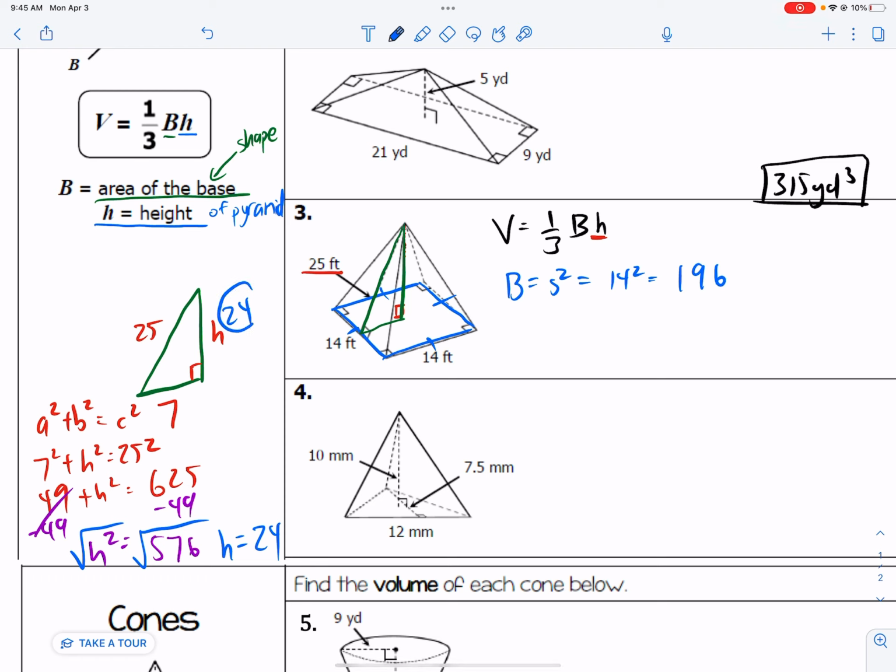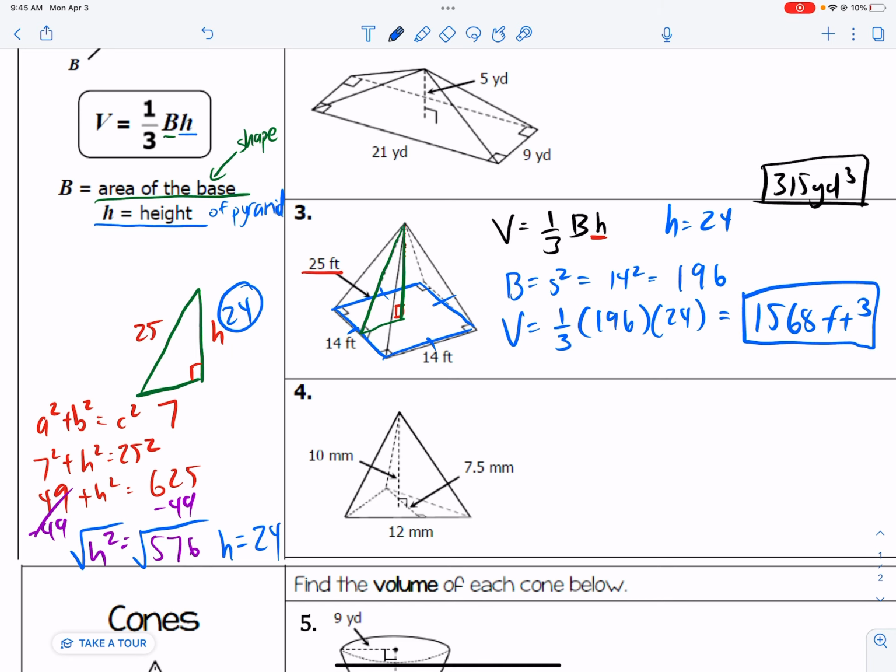So now I can use this 24 as my height. Now I have all the pieces for the volume of this pyramid. So V equals 1/3 times 196 times my height that I just found, 24. And if you put it into the calculator, rounded to the nearest hundredth, it is 1,568 feet cubed.